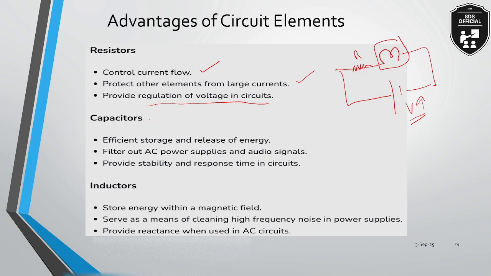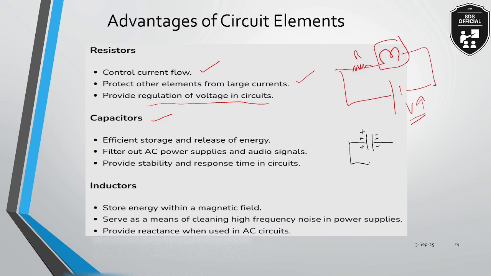Now, these are the advantages of capacitors. It is used to store and release energy. How is it performing this action? Let us say you have charged a capacitor with the supply and it is already having positive charge over here and negative charge over here.